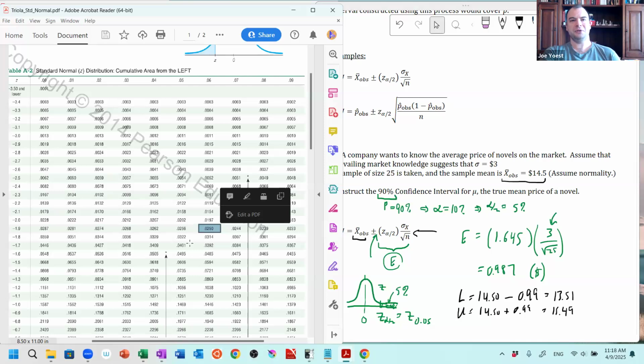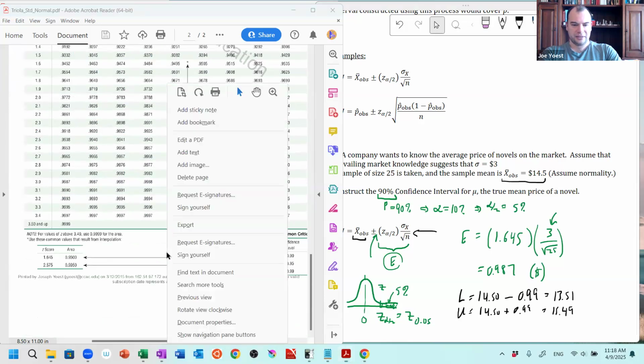There were really only a few z indices that we were interested in looking up. We kept coming back to these same ones. These should be familiar now: 1.96, 2.58 or 2.575, and 1.645 or 1.65 or so. Those three numbers came up several times, because they are the three related to 90, 95, and 99% confidence levels.